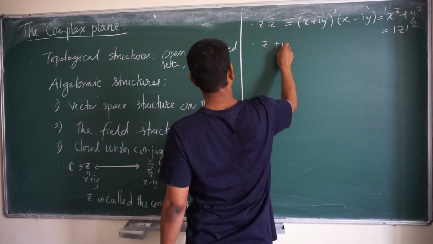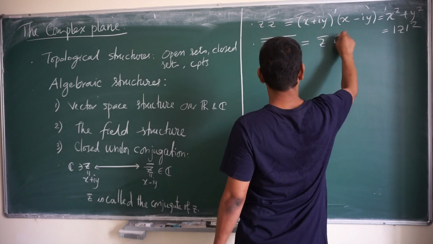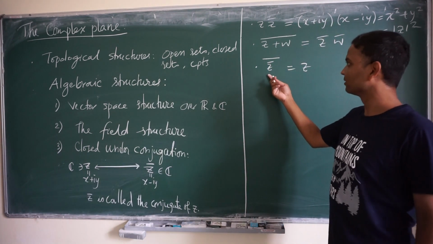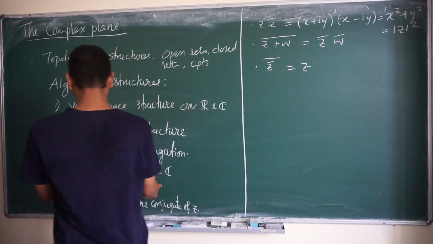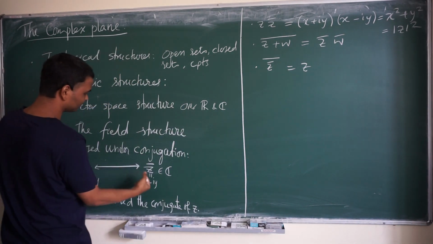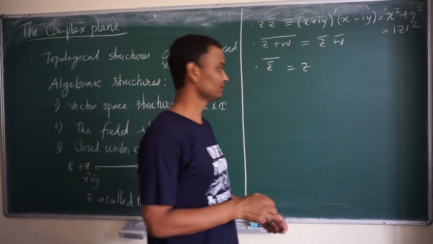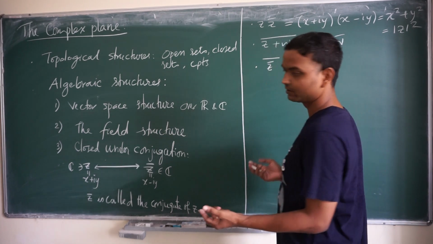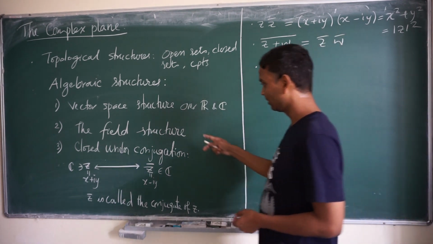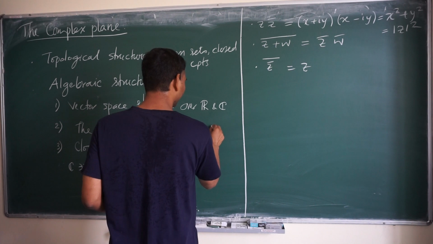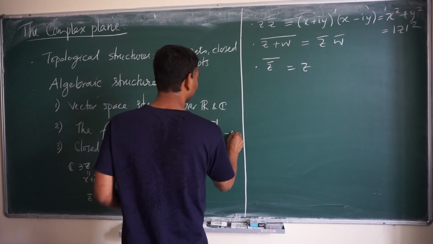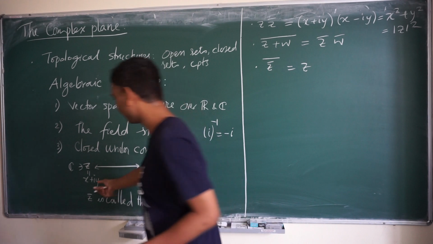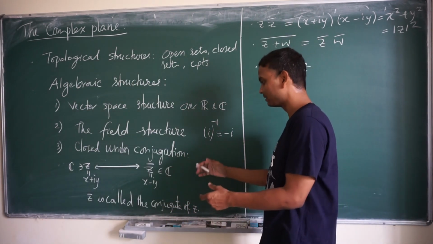Similarly, z plus w whole bar is z bar plus w bar. And z bar whole bar is z. What it does is take i to minus i. In the field structure, i inverse is nothing but minus i. So instead of i, you get a minus i, and you define this to be a conjugation.